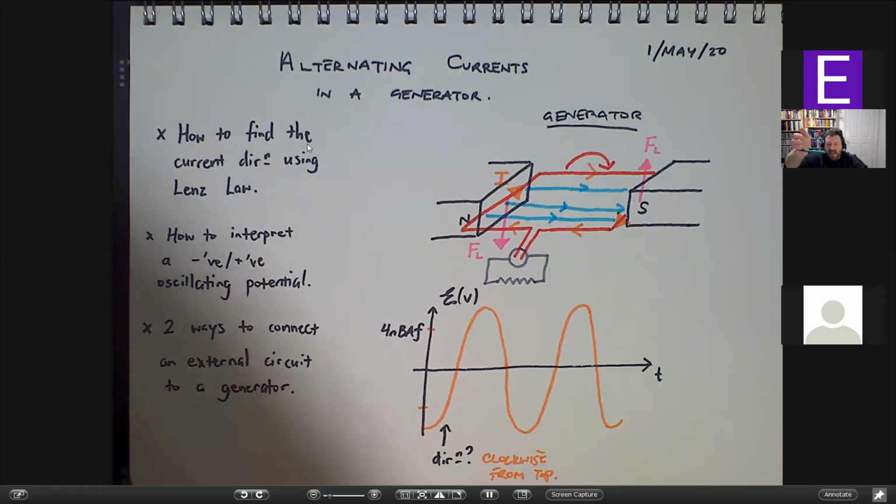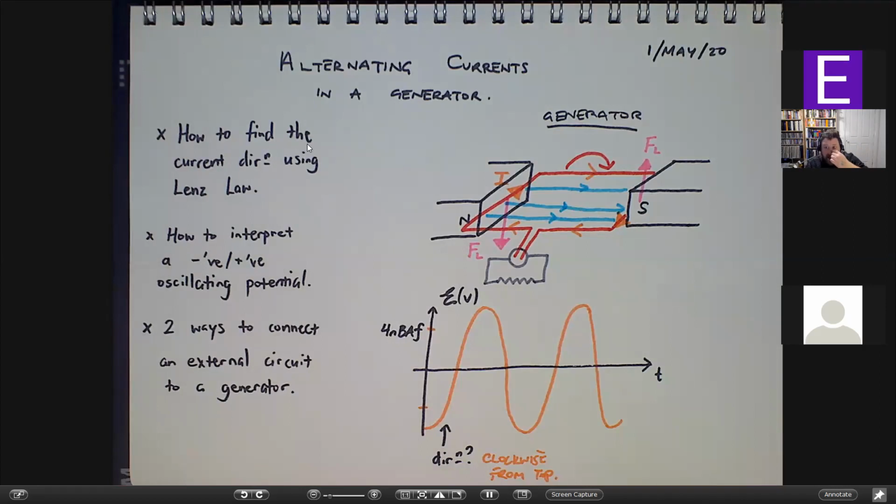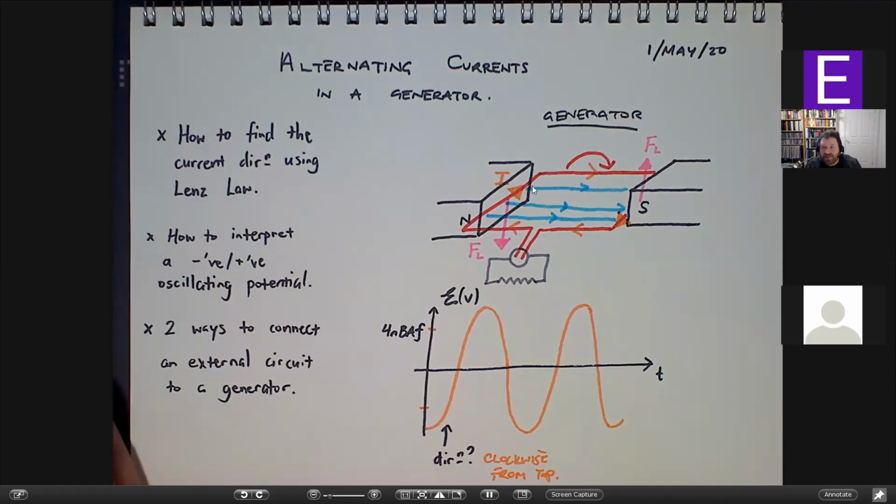So then we say, okay, our current is producing a magnetic field in the opposite direction to that field. Then we apply the right-hand rule to that current, and try to flatten that out in our brains and put it on the page, and we realize it turns out to be the same direction as the force version. It's really hard to think about, though. It's really difficult in person, and it's even more difficult in this format.